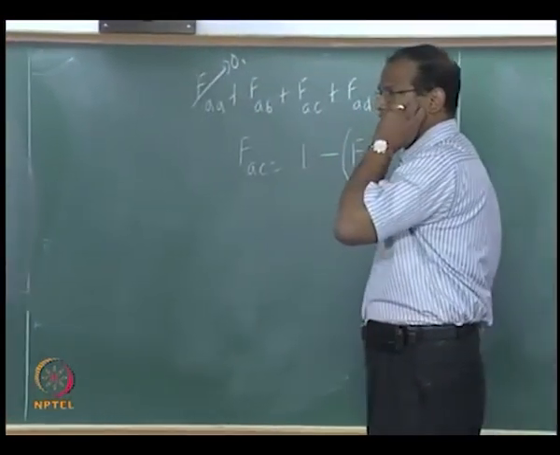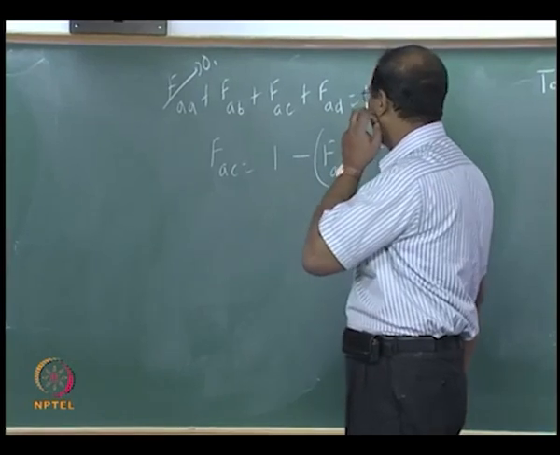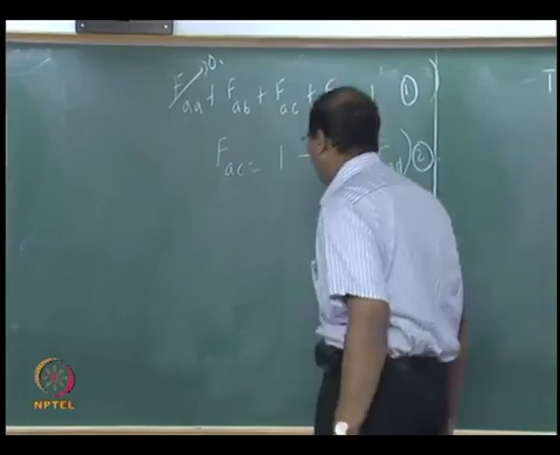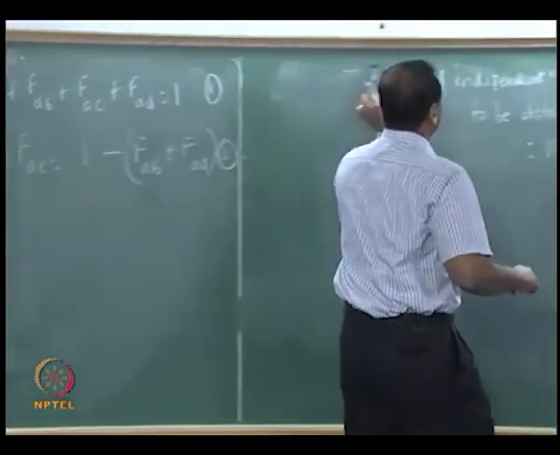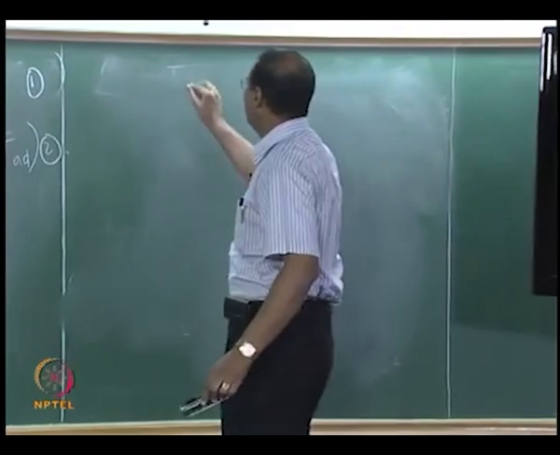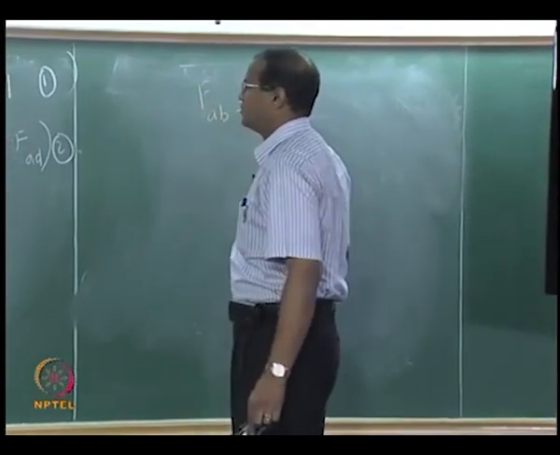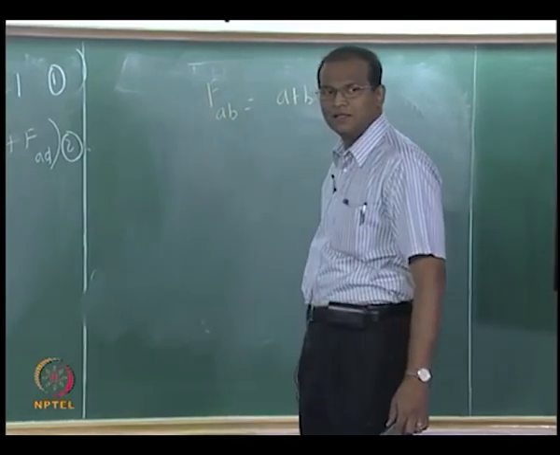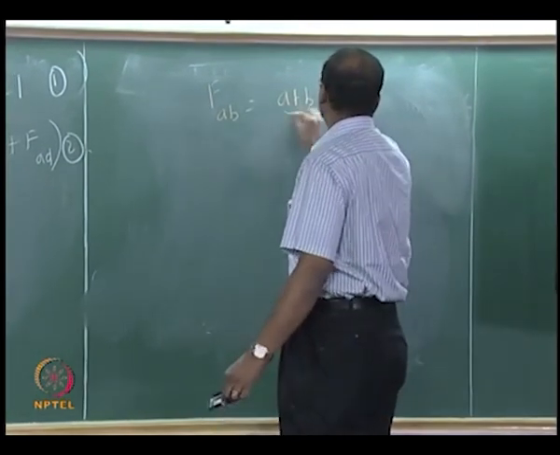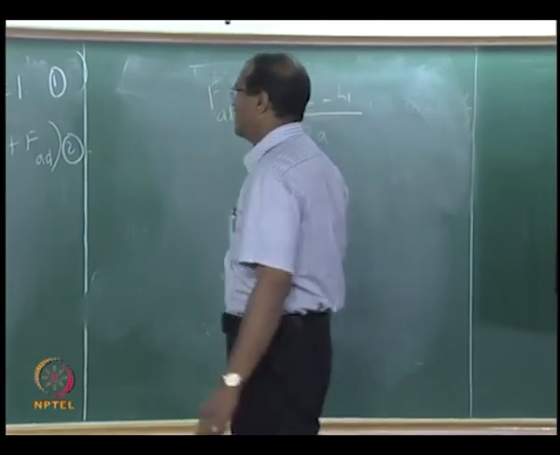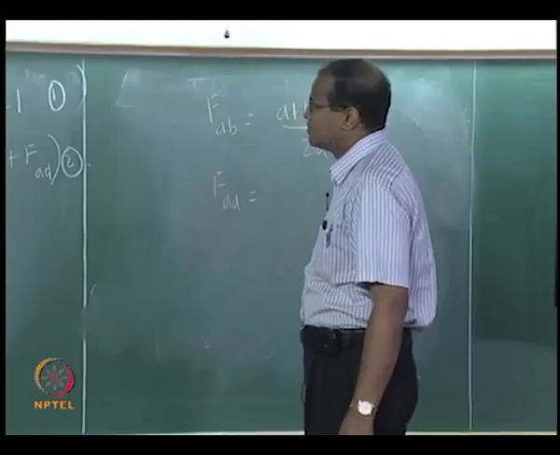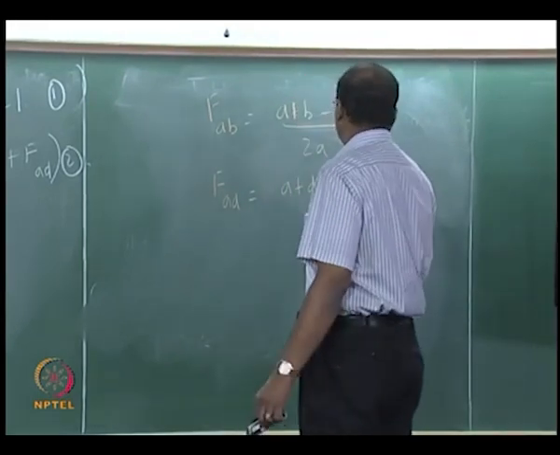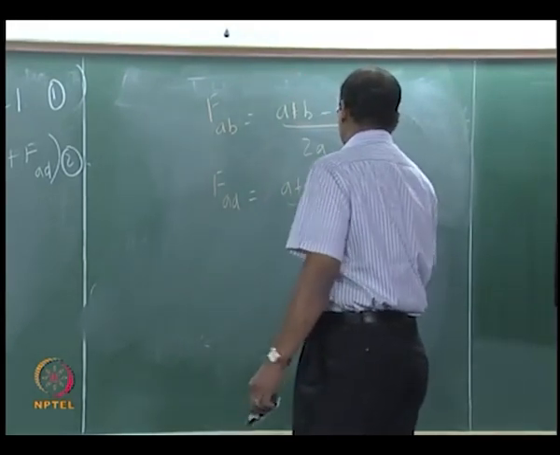Now tell me, so FAC is 1 minus FAA plus FAB plus FAD, this is correct, right? Now FAB can be written as A plus B minus L1 by 2A. FAD is A plus D minus L2 by 2A.